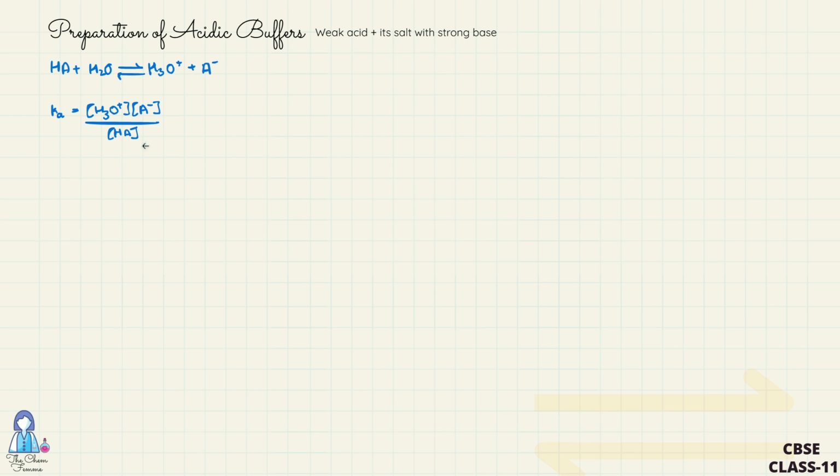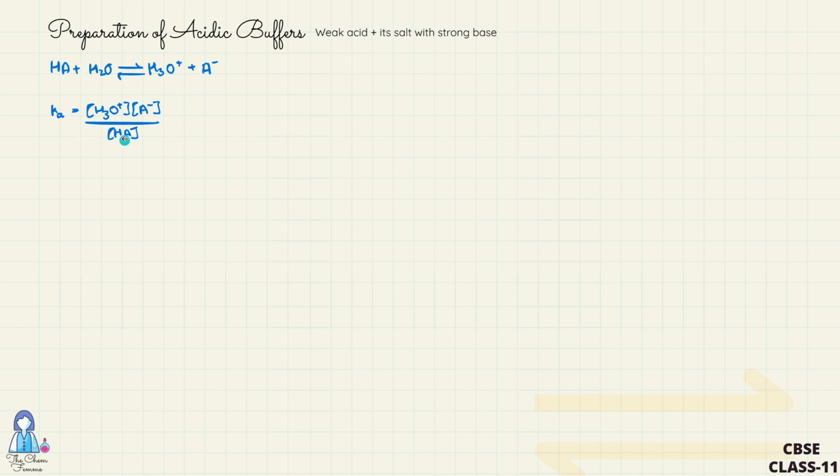Now, Ka is basically the dissociation constant of the weak acid. We're not considering the concentration of water because you have an excess of water, and changes in pH do not affect the concentration of water. It takes a lot for the concentration of water to be affected. So we will, as always, ignore the concentration of water.